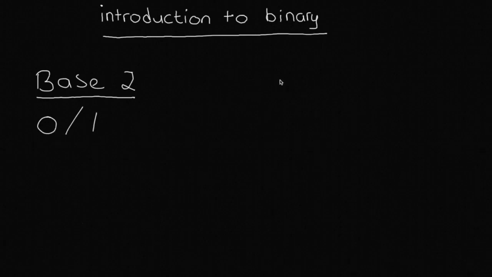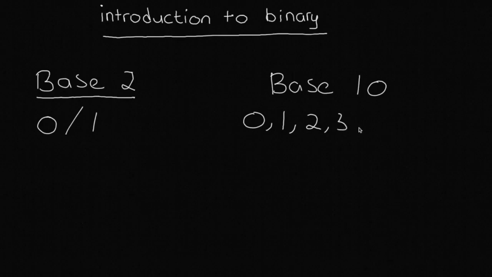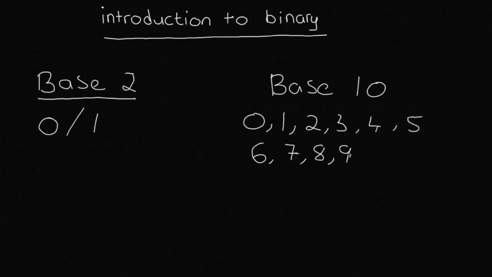Then we also have base 10, which you're probably more familiar with. Base 10 is what we'd use in the likes of normal maths. So in base 10 we can use numbers like 0 and 1, so it's the same as binary, but in base 10 we can also use 2 and 3 and 4 and 5 all the way up to number 9.